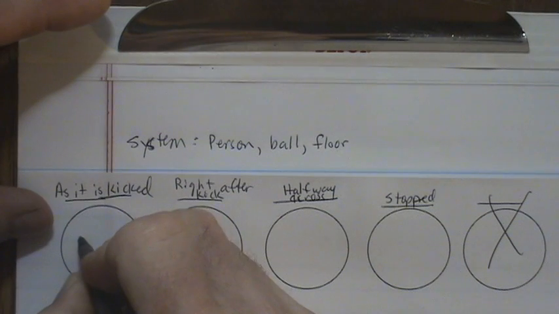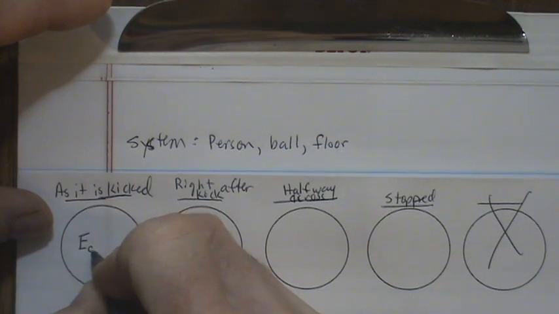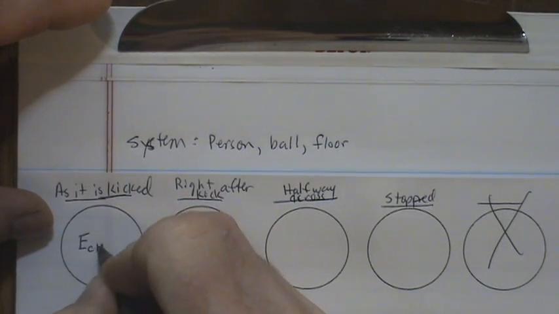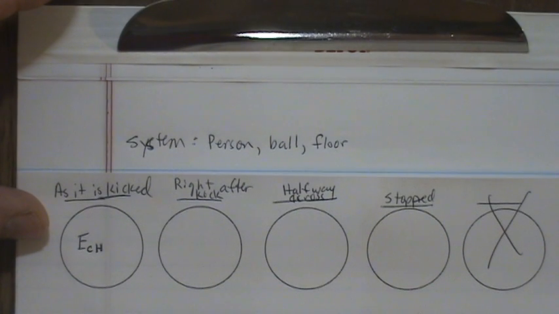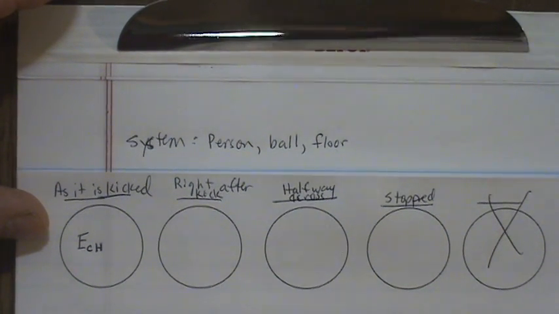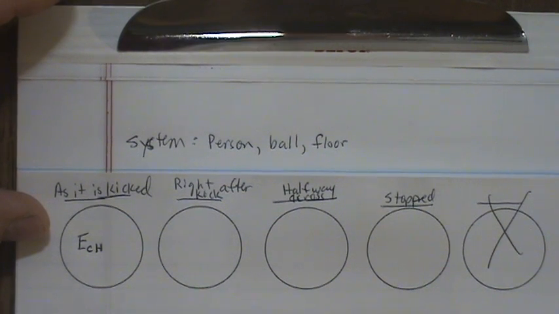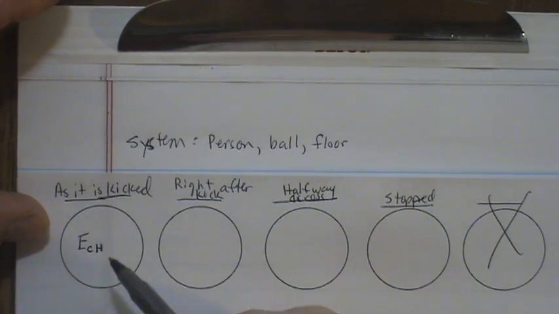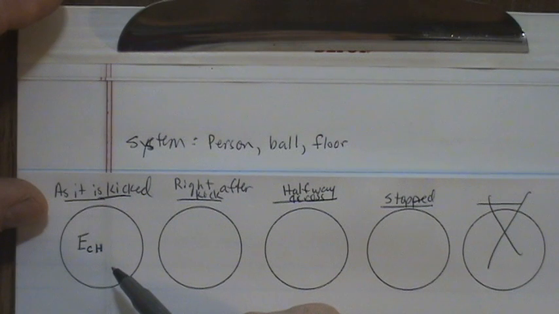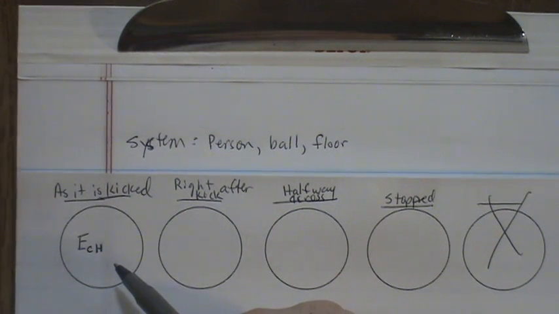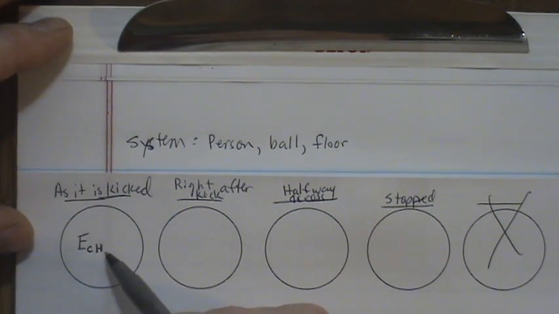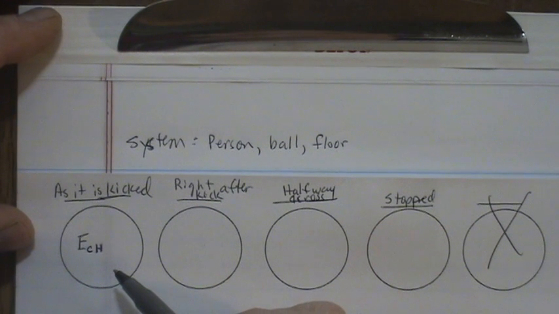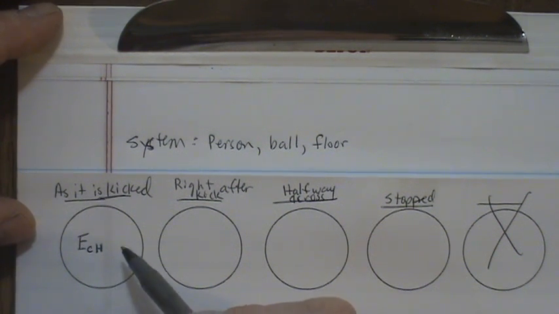So as it is kicked, the energy is actually residing in the person, and the person has chemically stored energy. Now this also depends upon which part of the kick we are looking at, because as you kick a ball, part of that energy is going into elastic energy to begin with, and it squashes the ball. So if you wanted to take part of this and say it's elastic energy too, you can do that.